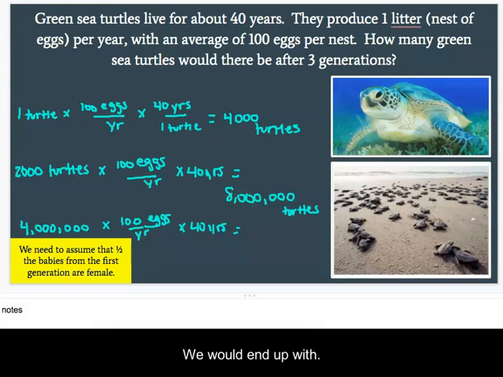We would end up with a lot of turtles. So many zeros. 16 billion, I believe that is, turtles. Do we have that many sea turtles on planet Earth?